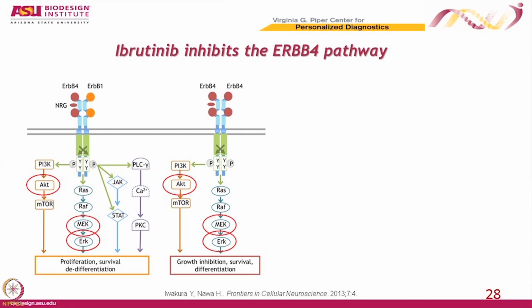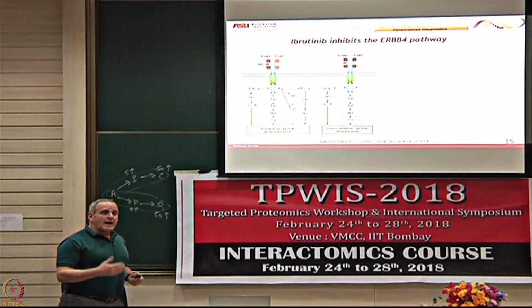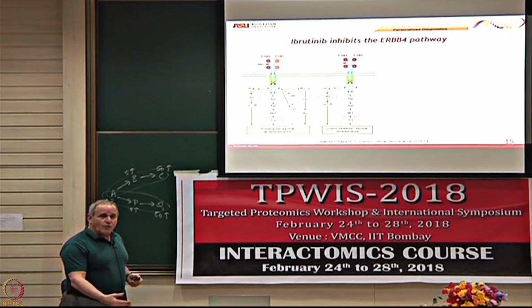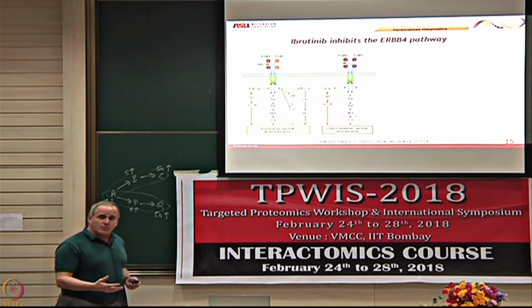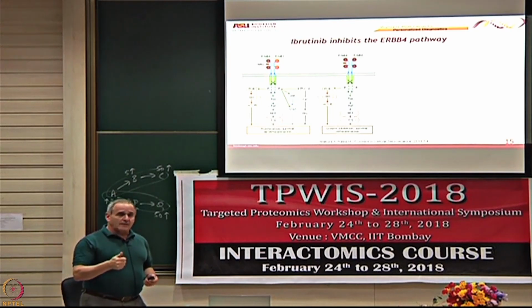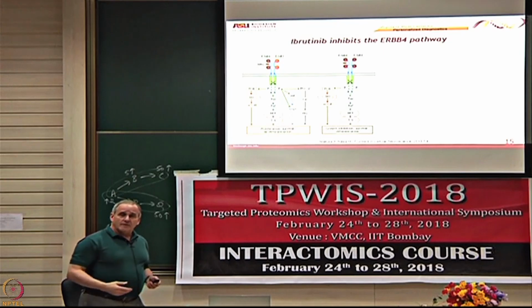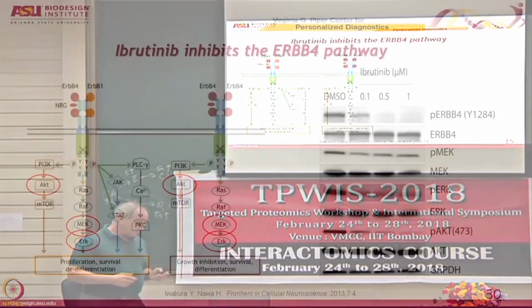All three of these proteins, AKT, MEK, and ERK, get phosphorylated when they're active. And we have good antibodies for those phosphoforms. So a good simple test would be, when we inhibit the cells with ibrutinib, do we see a reduction in the phosphoform of these proteins which are downstream of ErbB4, right?